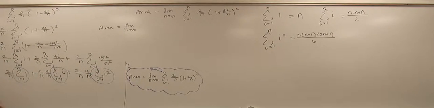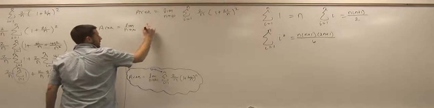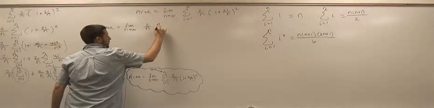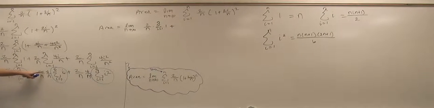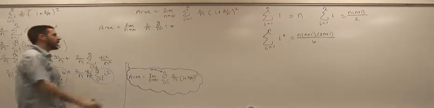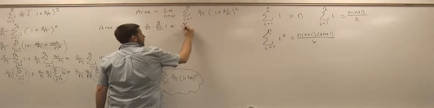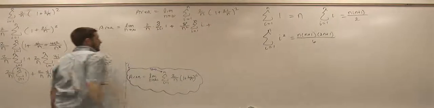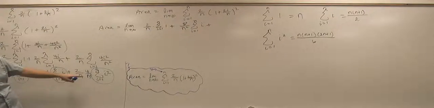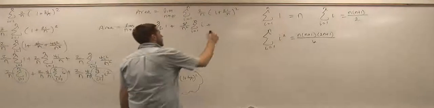So I have the sum of 1 times 2 over n, plus 8 over n squared times the sum of i, plus 8 over n cubed times the sum of i squared.